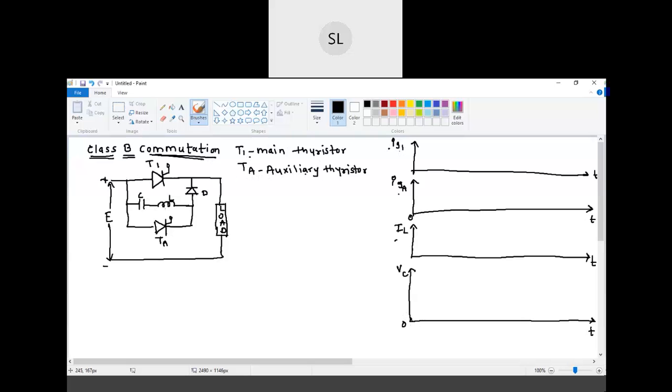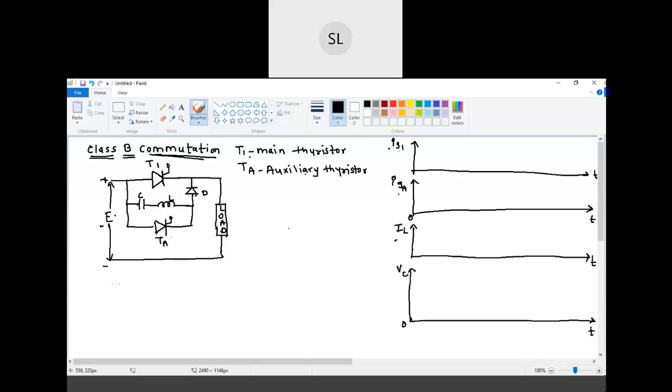Now initially, before providing the triggering signal to both of these thyristors T1 and Ta, when the source voltage E is applied, at that time the current will flow through these components C, L, D and load.